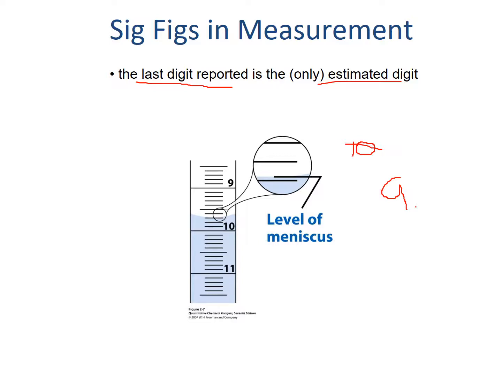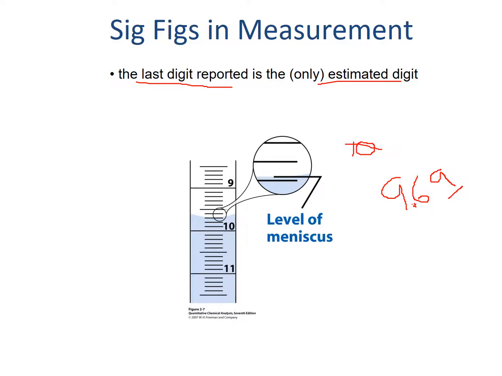And then we have 1, 2, 3, 4, 5, 6, 7, but we're just above that 7 mark, so it will be 9.6, and I think it's probably 9.69, estimating that last digit. So this last digit is the estimated digit, and we're only going to include one estimated digit. It wouldn't be accurate to include more than that.